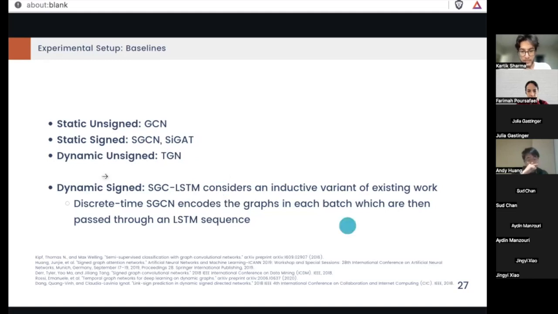It's inspired by another work in this direction of dynamic signed network representation learning, but it's non-inductive and uses random walks and other things. So we extended it to use SGCN followed by an LSTM: we encode the graphs using SGCN and then pass them through an LSTM sequence. So it's a discrete time model, but it can be applied in an inductive manner.